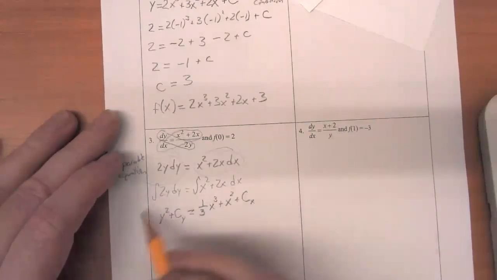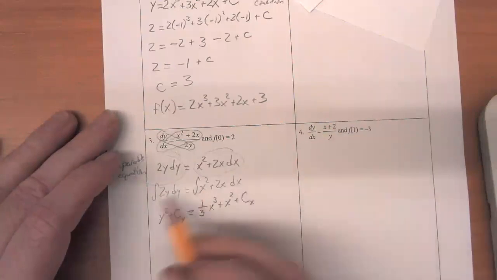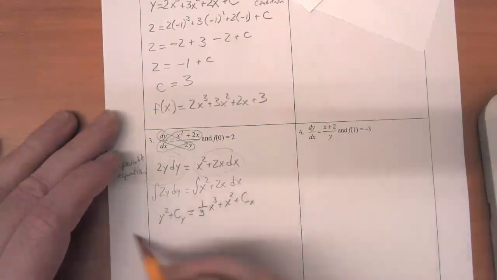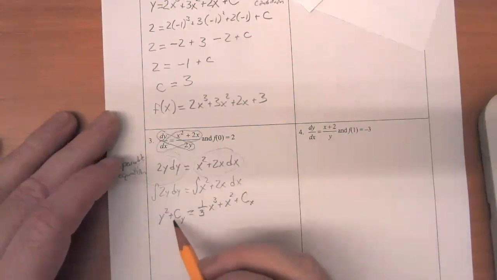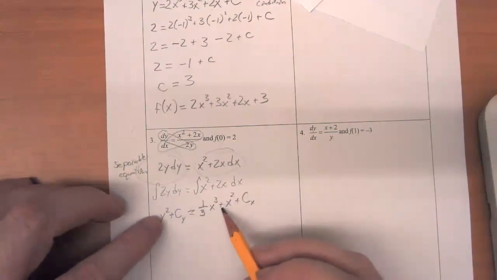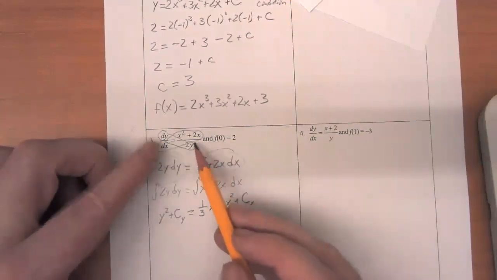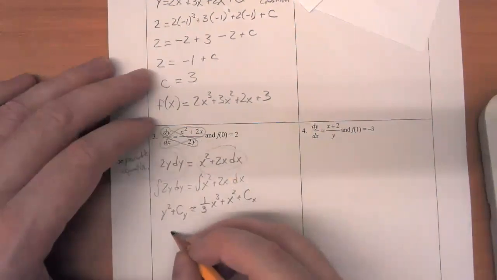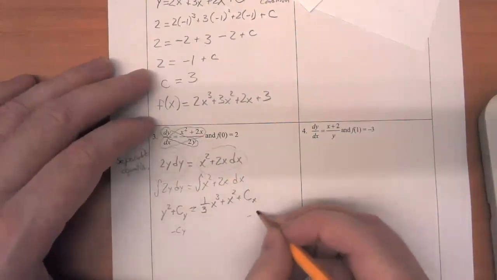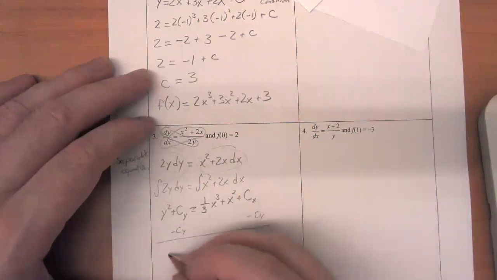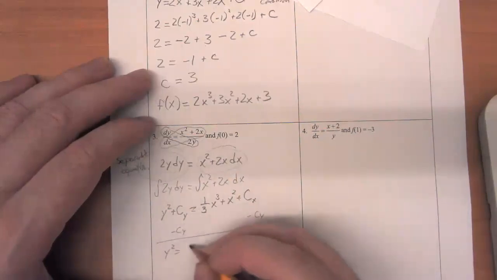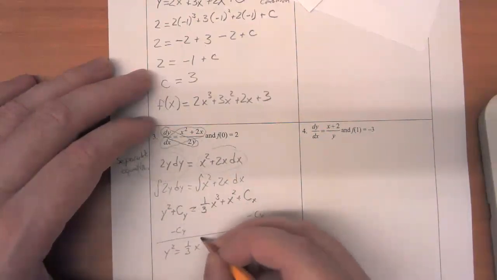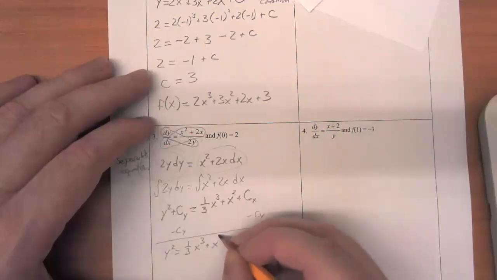All right, and so here is a relationship in terms of both x and y, and this is a relation that satisfies that differential equation. Let me subtract cy from both sides of the equation. So y squared is equal to 1/3 x cubed plus x squared.